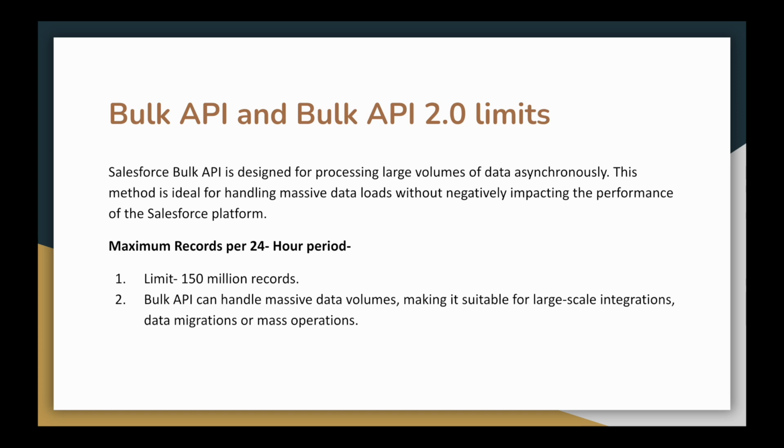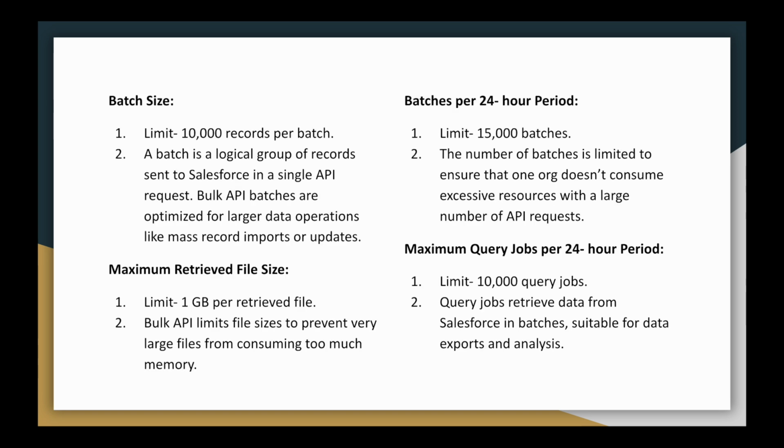Bulk API can handle massive data volumes, which makes it suitable for large scale integrations, data migrations, or mass operations. Next, if we talk about batch size, we have a batch size in Bulk API of 10,000 records per batch. A batch is nothing but a logical group of records sent to Salesforce in a single API request.